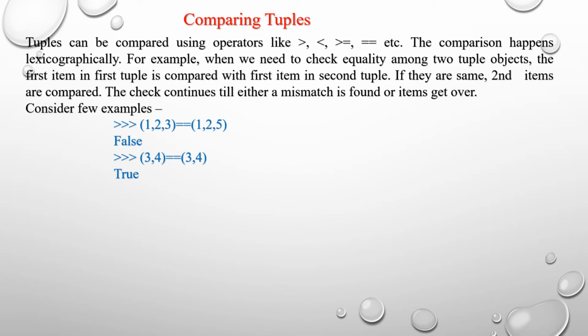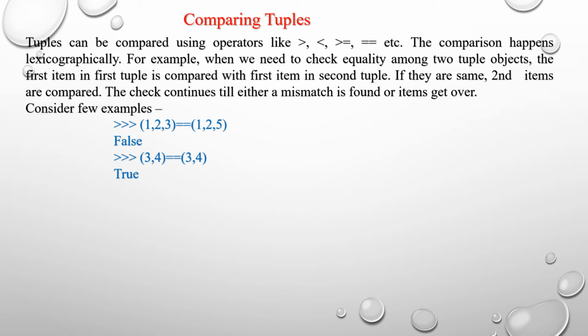Tuples can be compared using operators like greater than, less than, or greater than or equal to, etc. The comparison happens lexicographically. For example, when we need to check the equality among two tuple objects, the first item in the first tuple is compared with the first item in the second tuple.